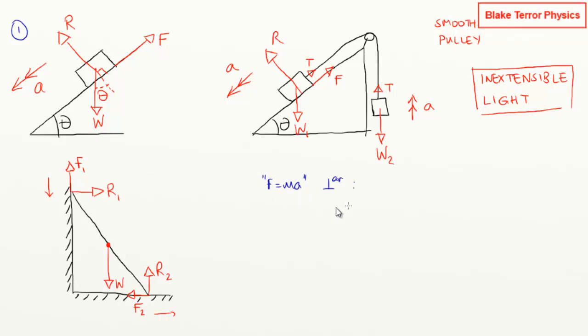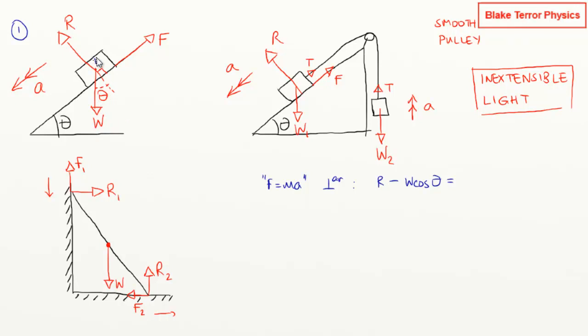If we apply that, we've got R going in one direction, so we'll make that a positive R. In the opposite direction, we've got W cos theta, and that is going to be equal to the mass times the acceleration perpendicular to the plane.